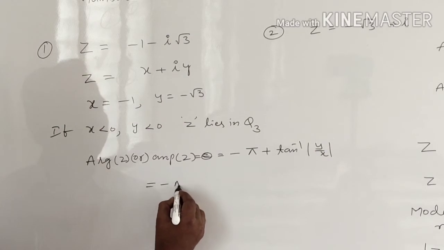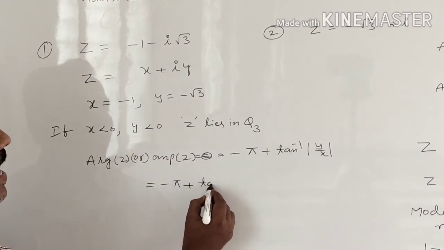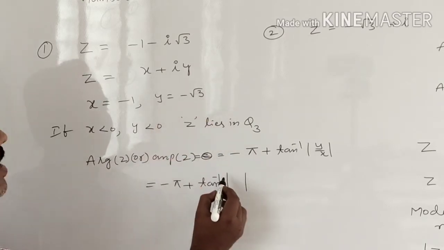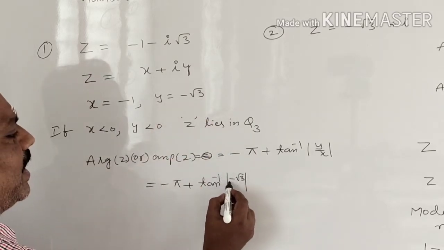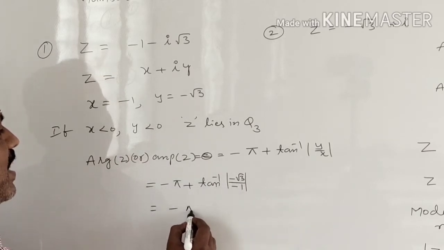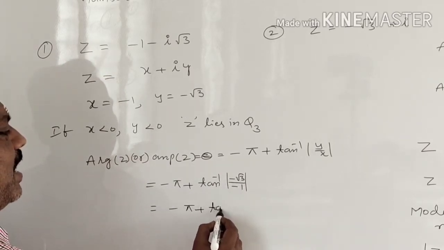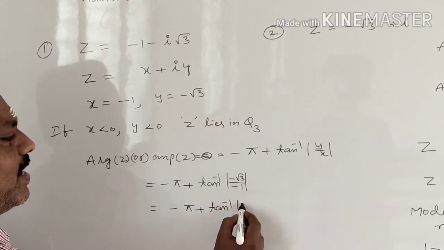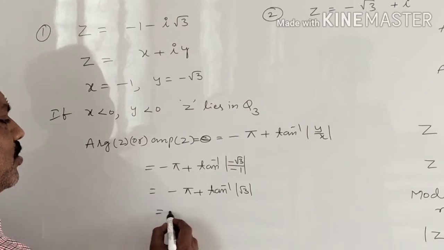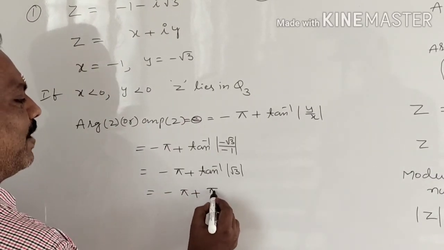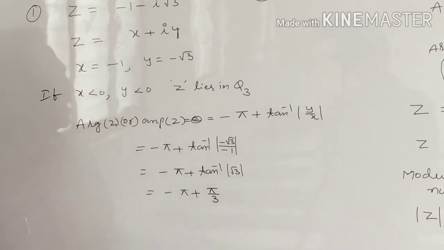What is the y value here? Minus root 3 upon x value minus 1. So minus pi plus tan inverse mod of root 3, because minus root 3 by minus 1 is root 3. So what is the root 3 value in the tan table? You know very well, pi by 3. That means 60 degree. Correct or not?